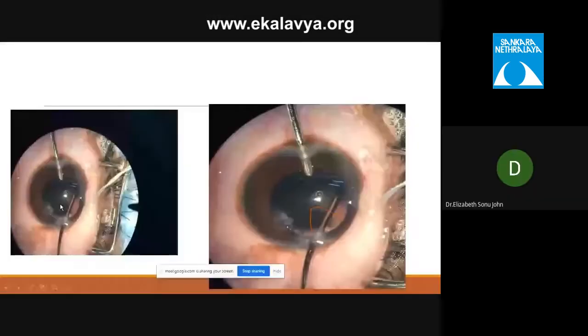So in this, you can see here there's a PCR. This is the margin of the PCR through which vitrectomy is done. Now, with anterior vitrectomy, that is what we do, anterior segment surgeons.